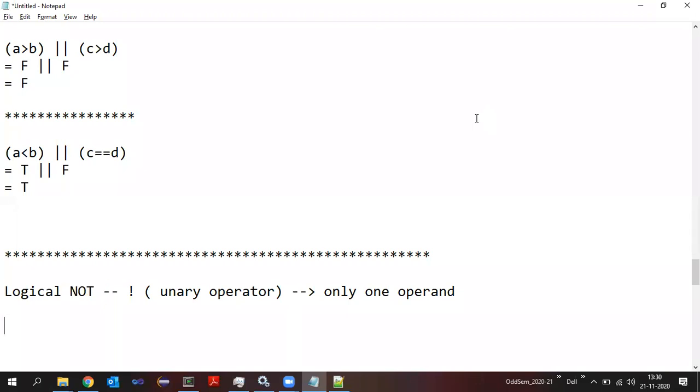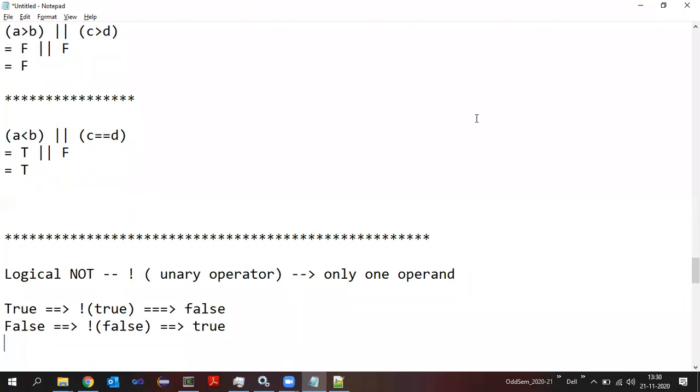That means if there is a true value, when you apply not with that one, that is not of true, it will give an answer as false. The same way, if there is a false and you apply not with the false, it gives its reverse value, that is the other value, true.